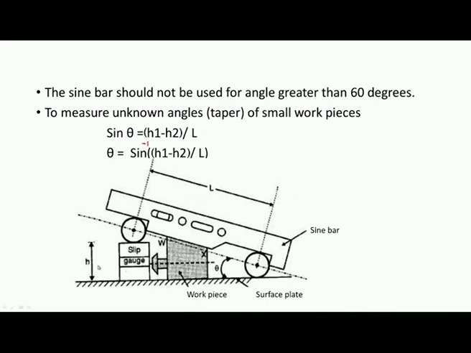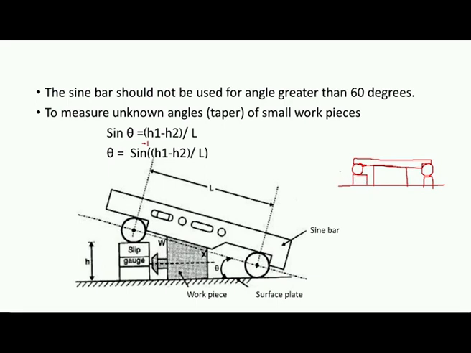If we have the arrangement like this, so this is the surface plate, and then this is the component, the taper of which is to be measured, and then we have to mount the sine bar like this, and now this is the roller, and we have another roller here. So, in this case we have to fill this gap between rollers and surface plate using the slip gauges.